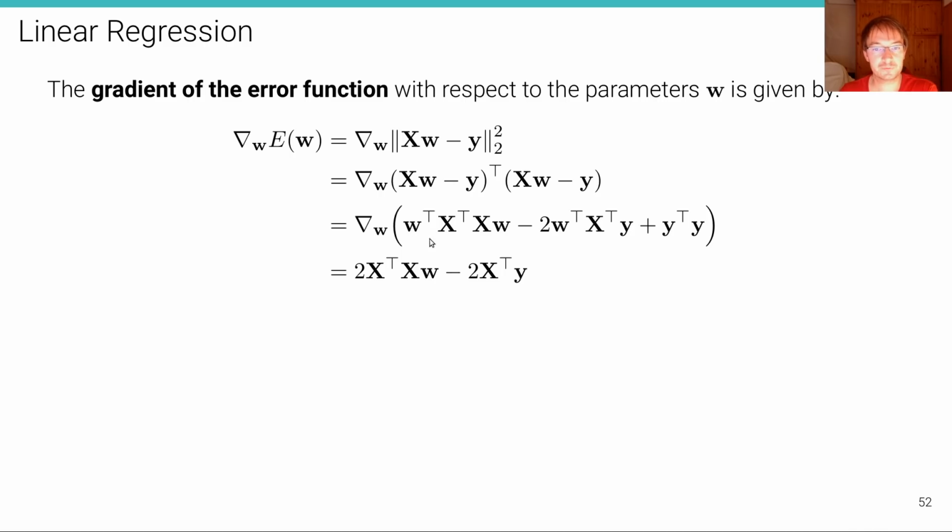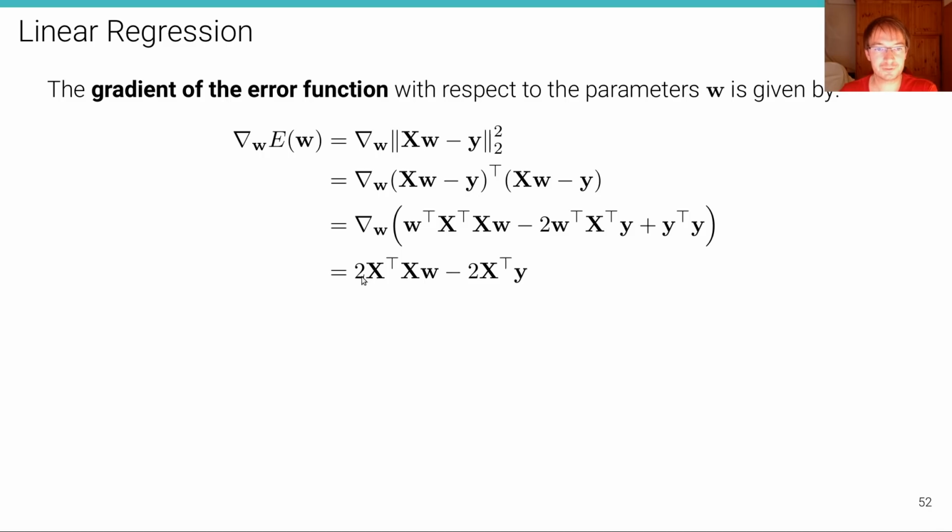The gradient of the first term is simply 2 X transpose Xw, right? Because it's a gradient with respect to w, and we have this w here twice. So this is what remains. Here we have a linear term in terms of w, so the w simply vanishes and X transpose y remains. And for the last term, there is no dependency with respect to w, so this term is simply 0 if we compute the gradient with respect to w.